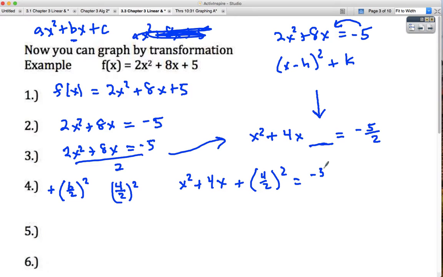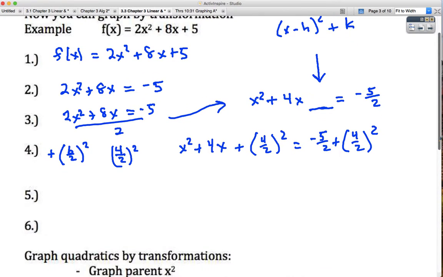And this is negative 5 over 2. Now you'll see here I left it in fractional form on the right side, which is good because I have a fraction that I'm going to need to add it to on the right side. So let's see what happens now.